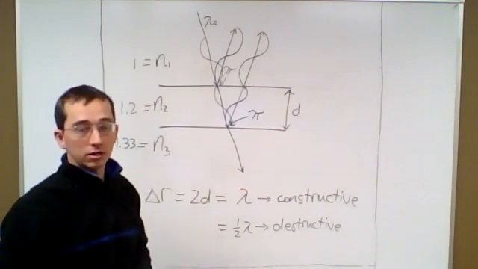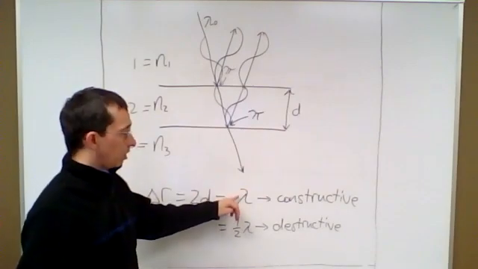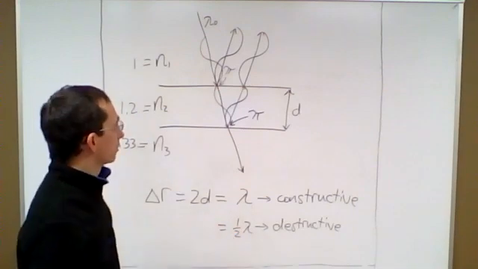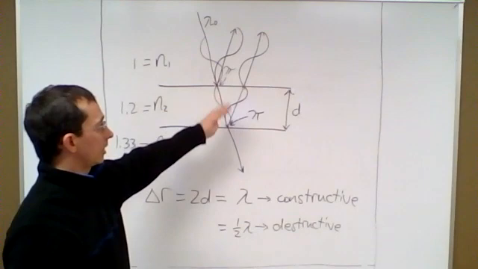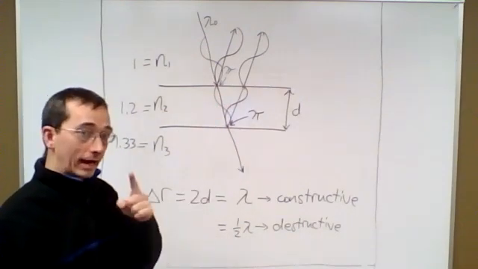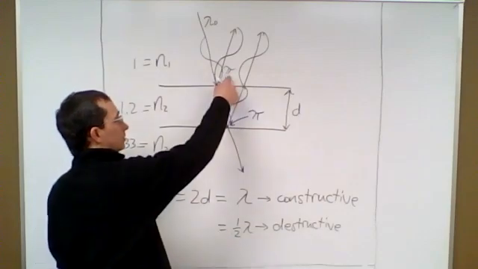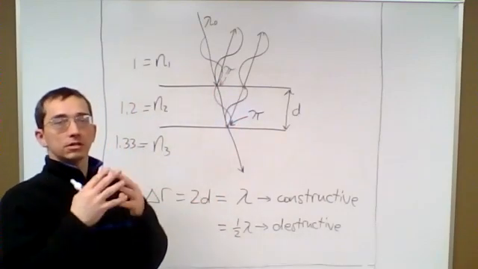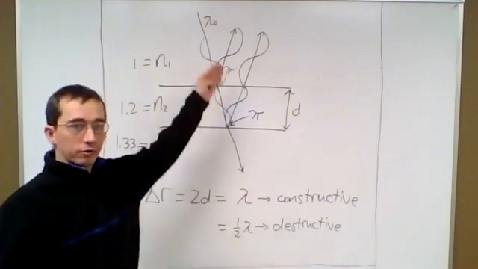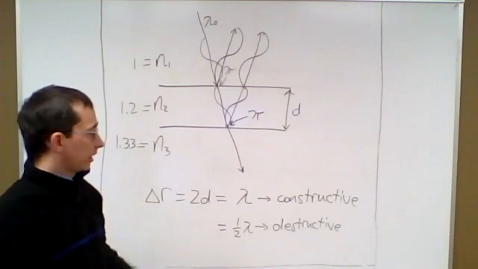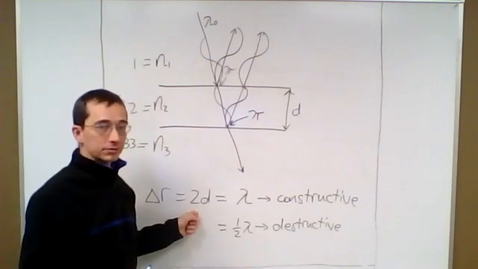That still matches our condition, as long as it's a multiple of a wavelength, or an odd multiple of a half wavelength. Okay, so here I've drawn the case where it is constructive. All right, but I had to be careful because there was a phase change there and a phase change there. Those 2 phase changes basically said, oh, I can ignore the phase changes at the reflections, and just think about the path difference.